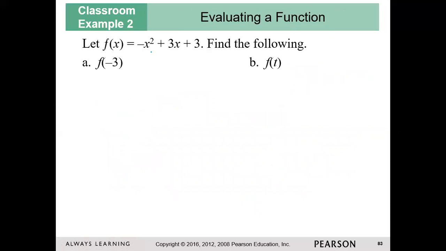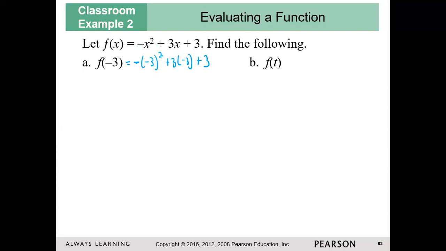So let's go ahead and do it the way that we're supposed to. So f of negative 3. Once again, I'm going to substitute negative 3 anywhere I see an x. So plus 3 times negative 3 plus 3. These are wild in this problem, I guess. One of the errors that I see a lot from students is they go, oh, negative and negative is positive. Nope.